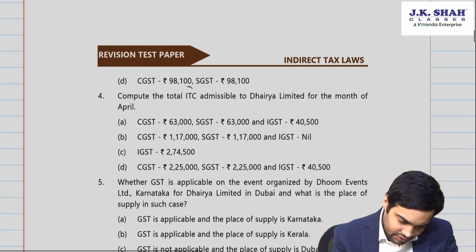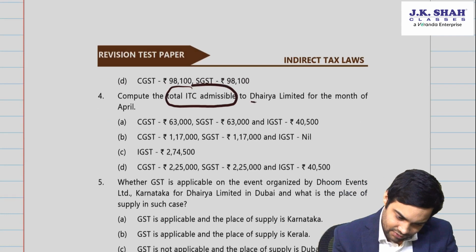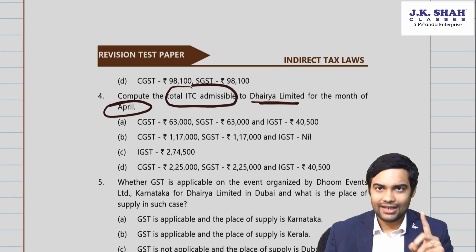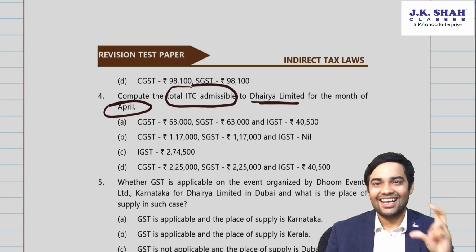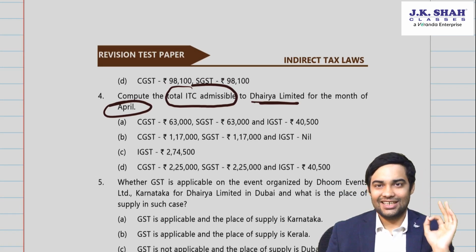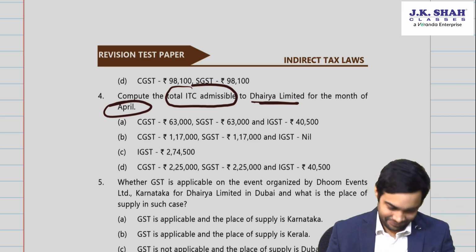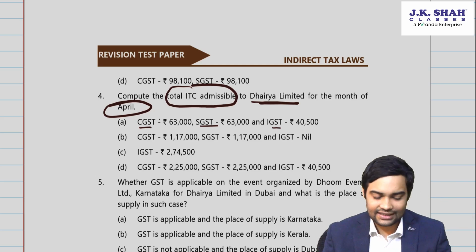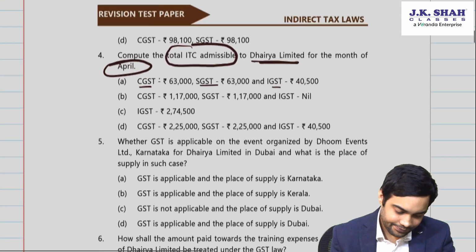Then compute the total ITC admissible to Dairy Limited for April. Again, concentrate: both output and ITC have been made as two questions and both have to be determined by us. Again, CGST-SGST or IGST has to be determined separately.